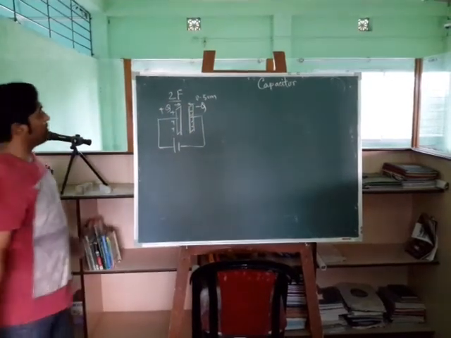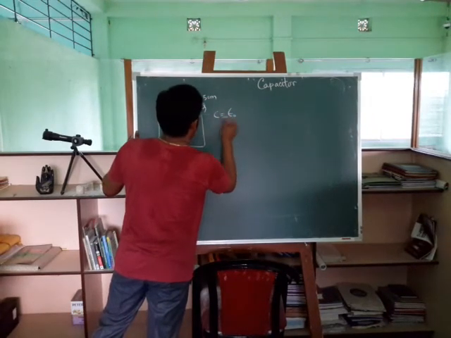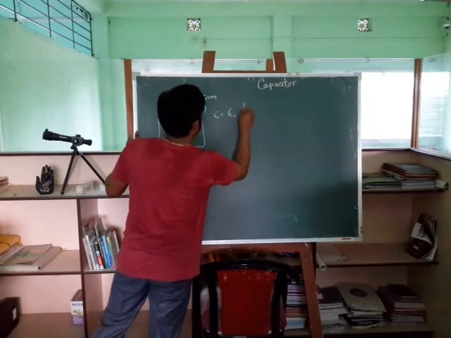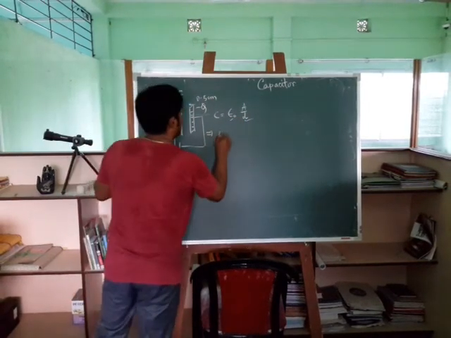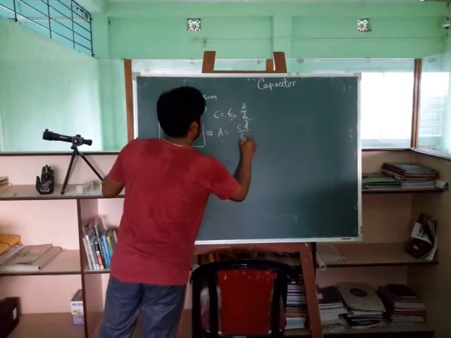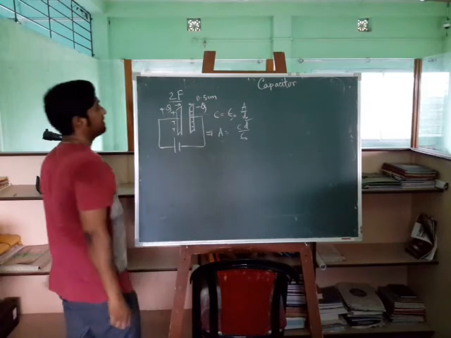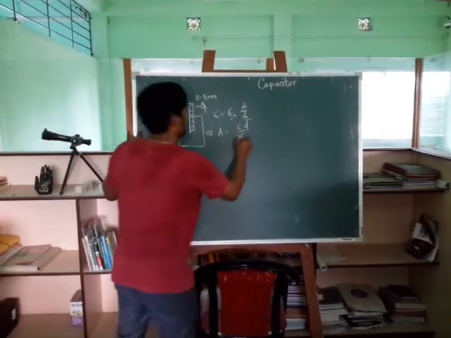We know the capacitance of this capacitor, kept in vacuum, will be given by C equals epsilon naught A upon D. So D is given to us, epsilon naught is known to us, so A would be C into D by epsilon naught.